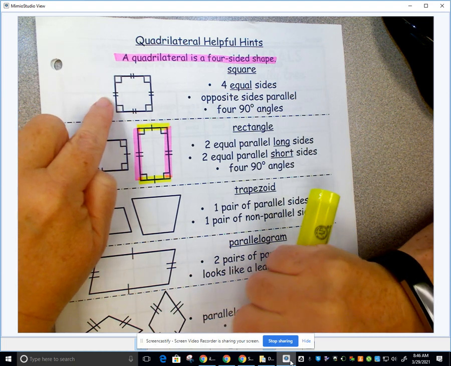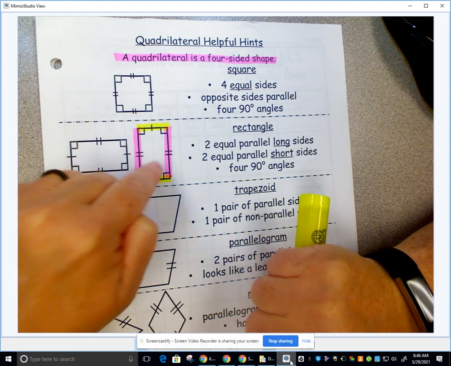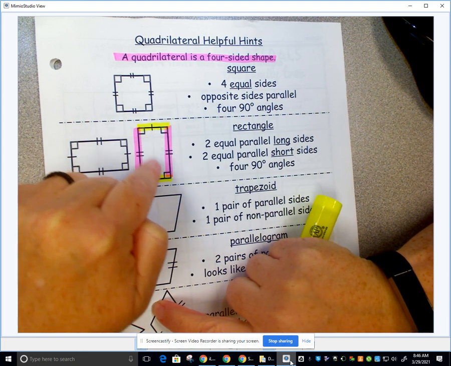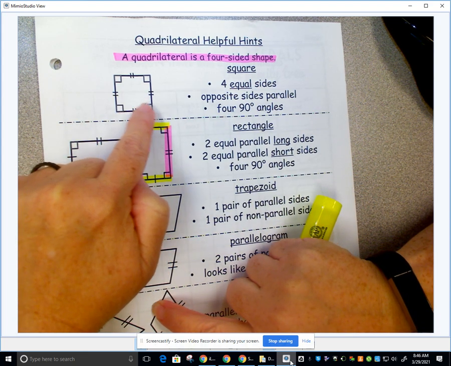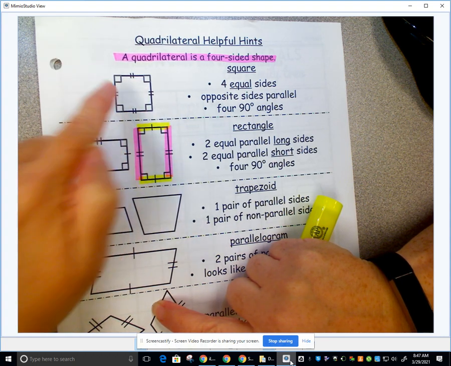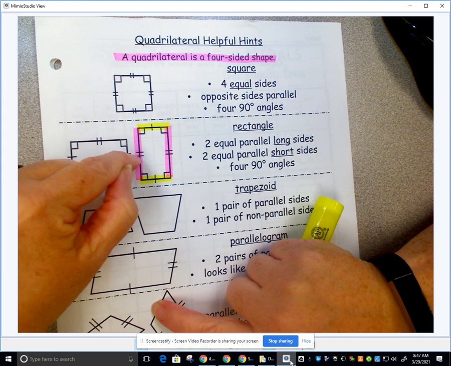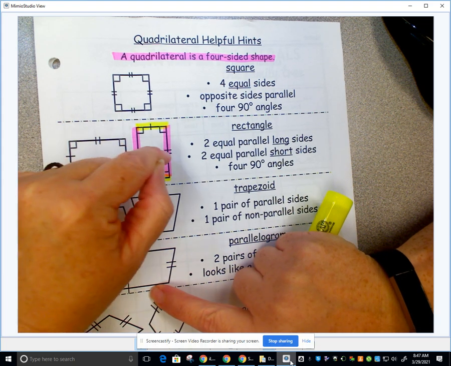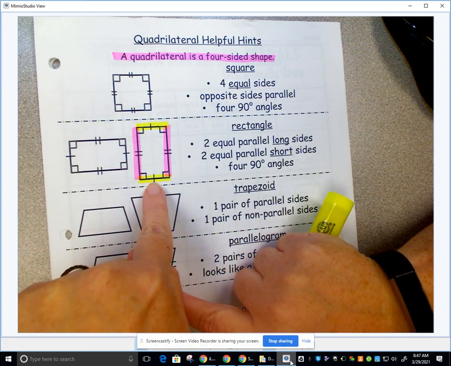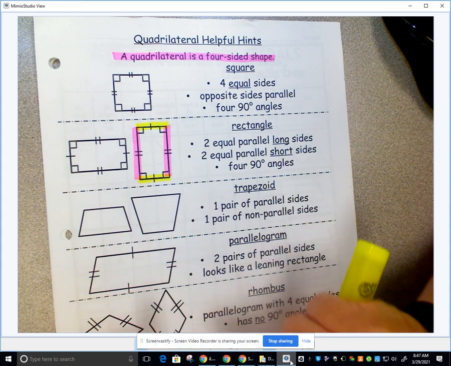The square also has parallel sides, just like the rectangle, but the sides of a rectangle aren't equal in length. The sides of a square are all equal in length. That's why they all have the same tick mark. If you look at this side on the rectangle, it has two tick marks. That means that side matches this side. This one has one tick mark, so it matches this side.